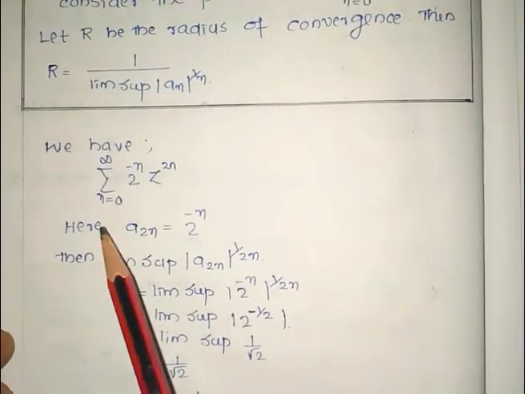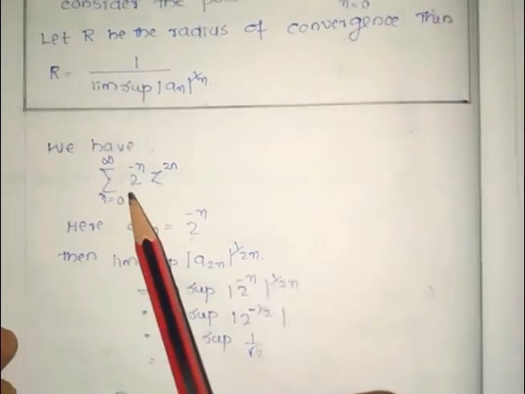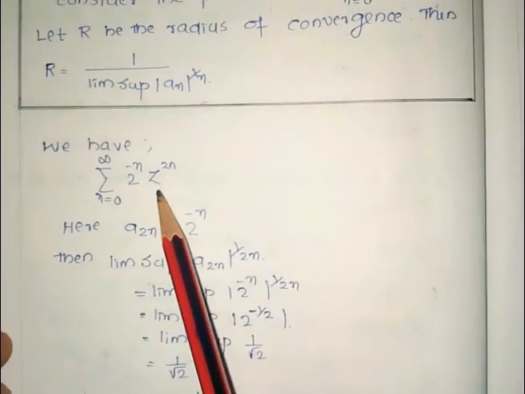We have summation n ranging from 0 to infinity 2 power minus n into z power 2n.